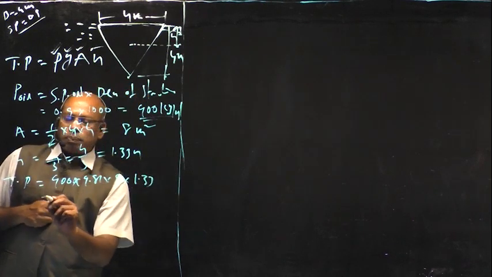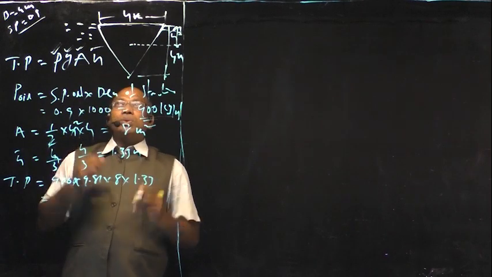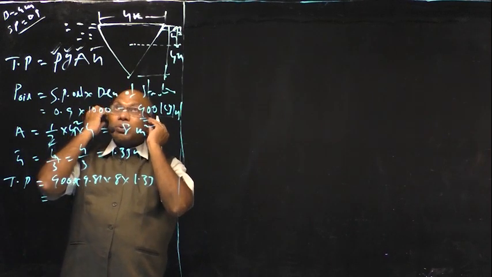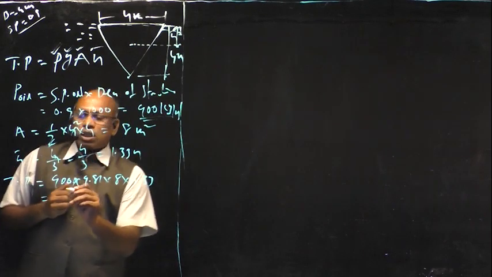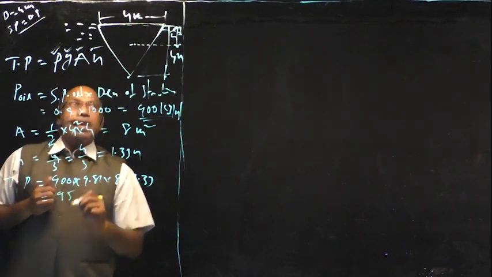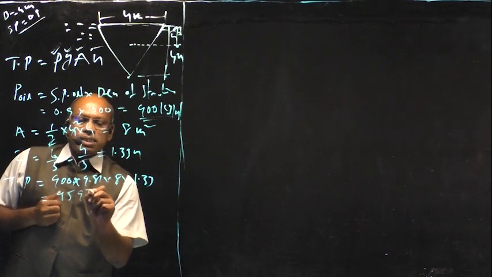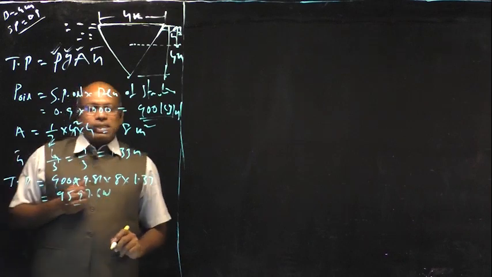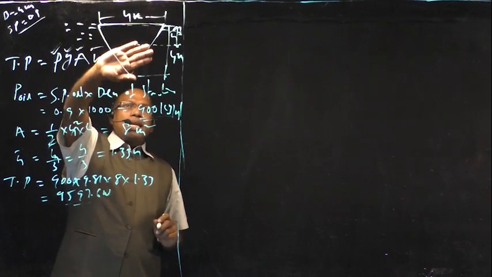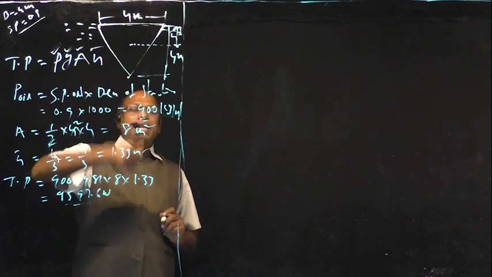Finally, the total pressure equal to 9597.6 newtons. This is the total pressure acting on the vertically immersed surface, that is the triangle.